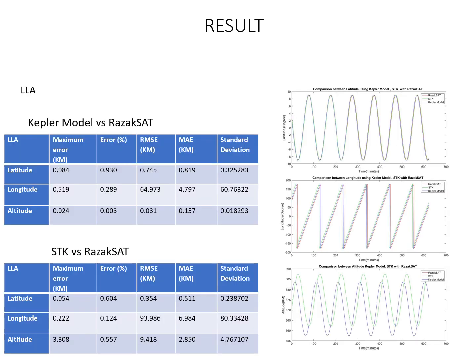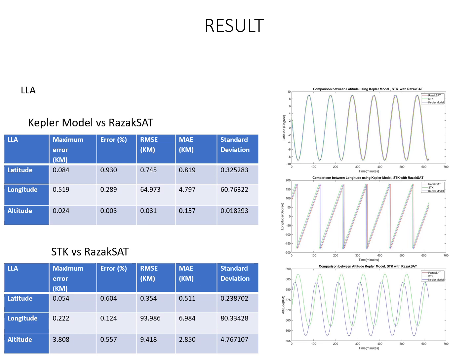Now we go to the LLA. For LLA, we analyse latitude, longitude, and altitude, same as ECI and ECF. For LLA, the latitude gives accuracy with the same pattern as Razaksat.